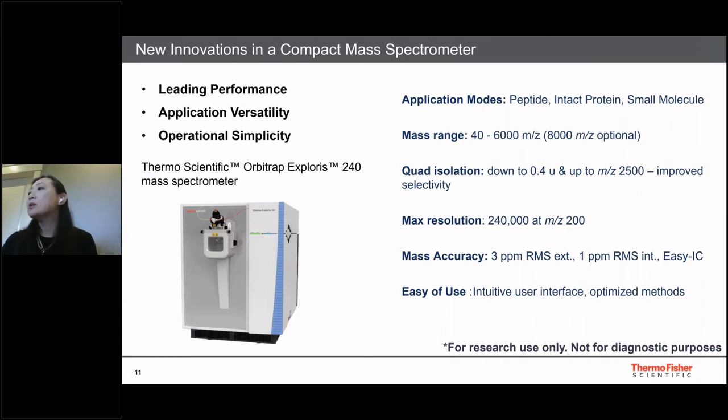It has a maximal resolution of 240,000 at 200 m/z and excellent mass accuracy with external calibration, which can be further improved by EASY-IC internal calibration. Finally, it comes with optimized method templates for different applications that you can choose from in your method editor, or you can compare with your own method.